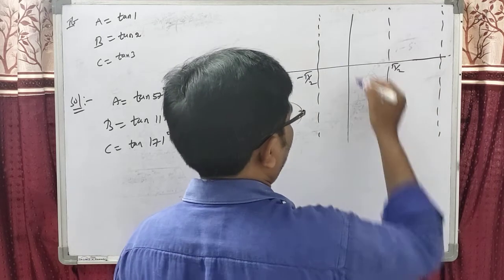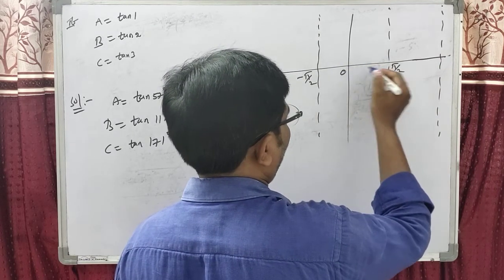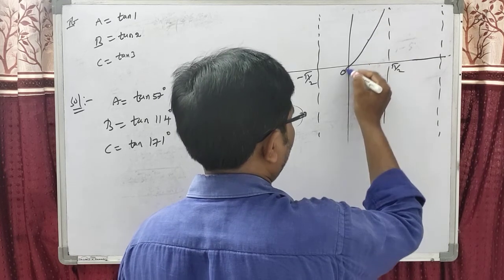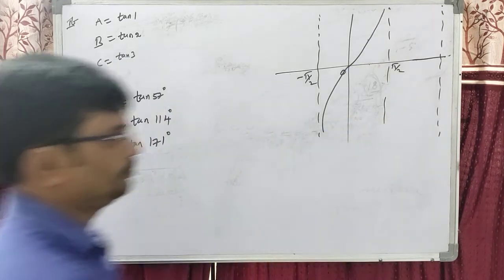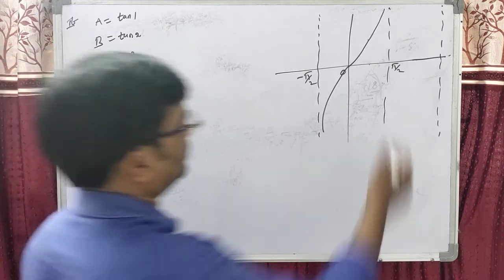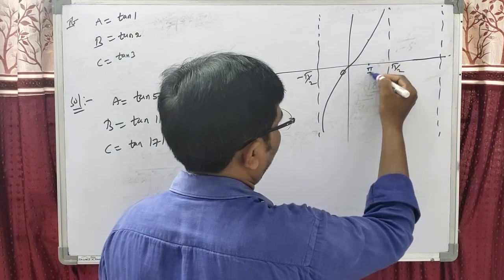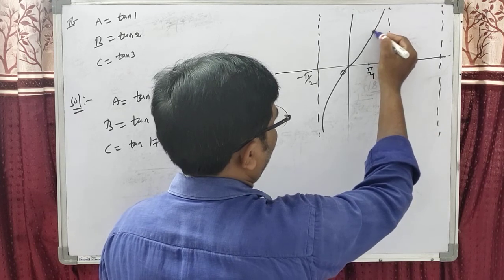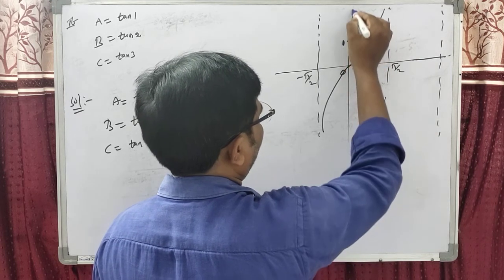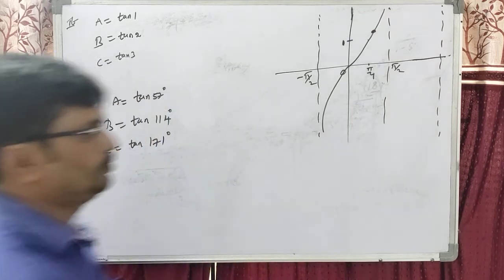So what happens, students? Tan 0 is 0, tan 45 is 1. This is what is happening. So my observation is that 57 is after 45, so 57 must be at this value. When we are taking 1, undoubtedly that is the value.